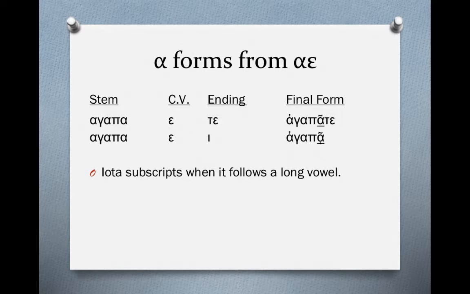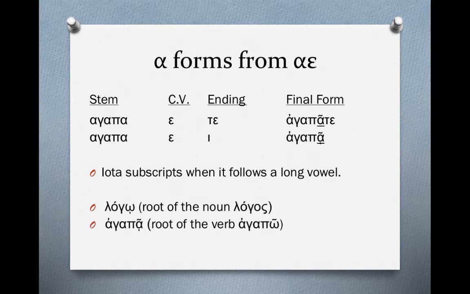Now we might ask ourselves, okay, well to this point when we've seen an iota subscript, we've trained our minds to think dative singular, and we translate it as a noun. True, but what we can do is ask ourselves, is the root of the word or is the stem of the word a noun or a verb? If it's a word like logo, we know that that forms from logos, which is a noun, so we'll translate it as a noun and in the dative case.